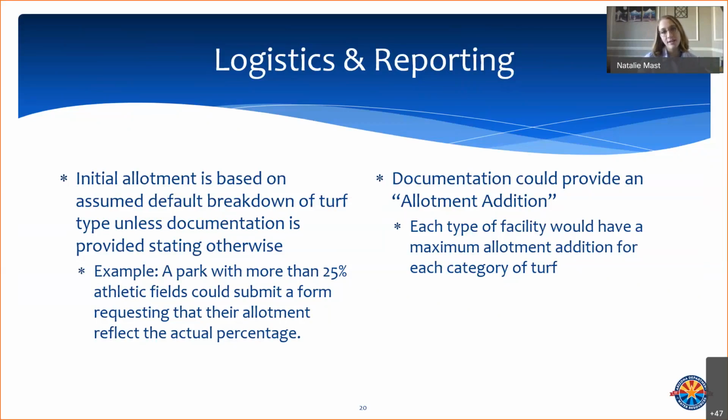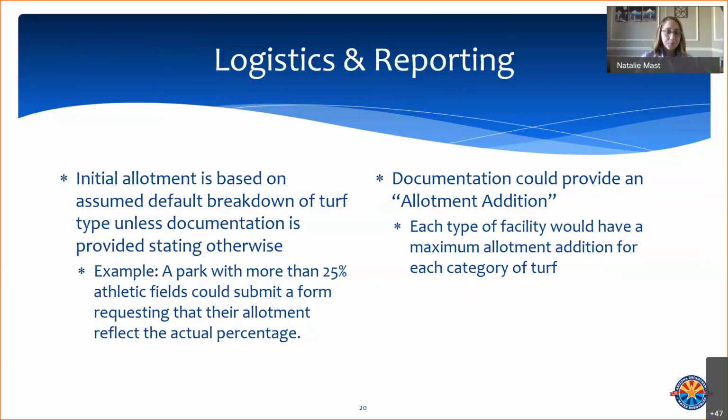the idea here is that we would allow some kind of administrative mechanism where a facility could provide ADWR additional information that they have more athletic fields than are their default. And we would then look at that information and provide an adjustment to that breakdown for that particular facility and update their allotment accordingly.